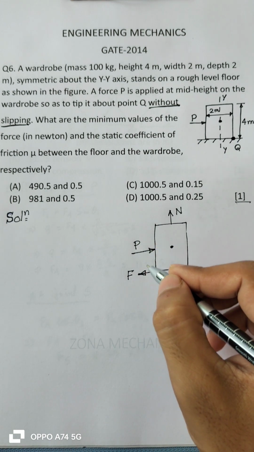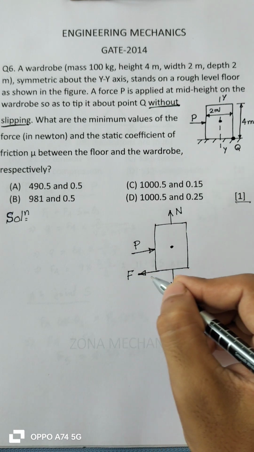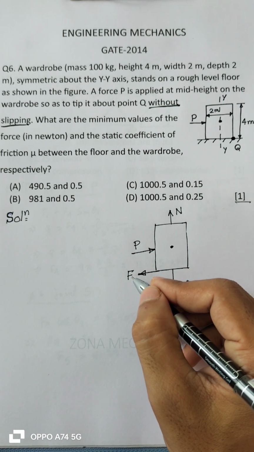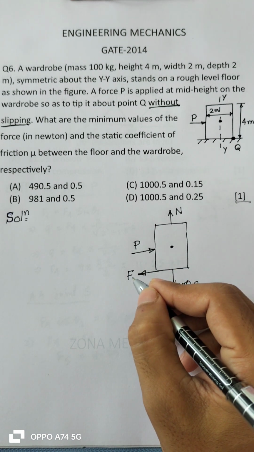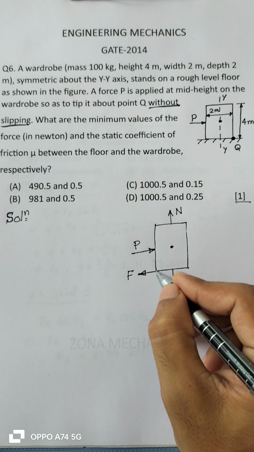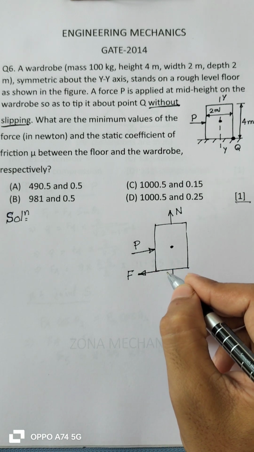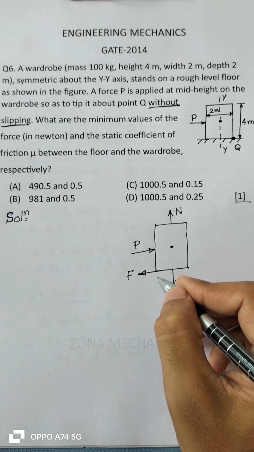So if we increase the value of P gradually, the value of frictional resistance will also increase, up to the limiting friction, that is the maximum friction that can be offered by the surface.